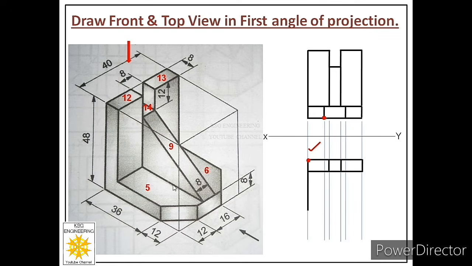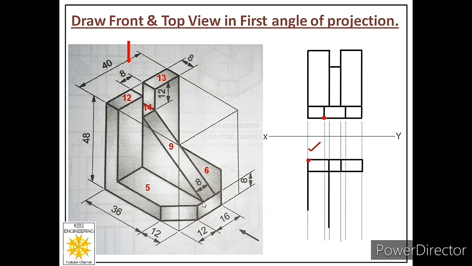So how much is this width? Let us see. Total width of the object is 48 millimeters. But from that width we have to subtract this width, that is 8. It means this is 40 millimeters. So from this point we will sketch a vertical line of 40 millimeters. So we have reached this point.